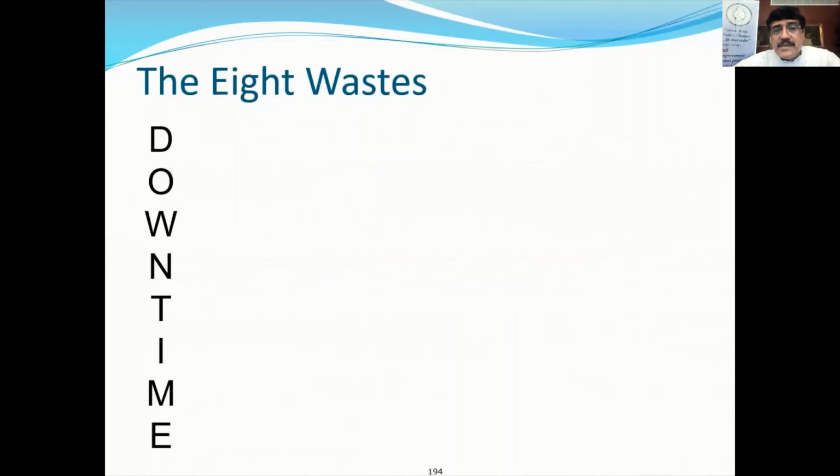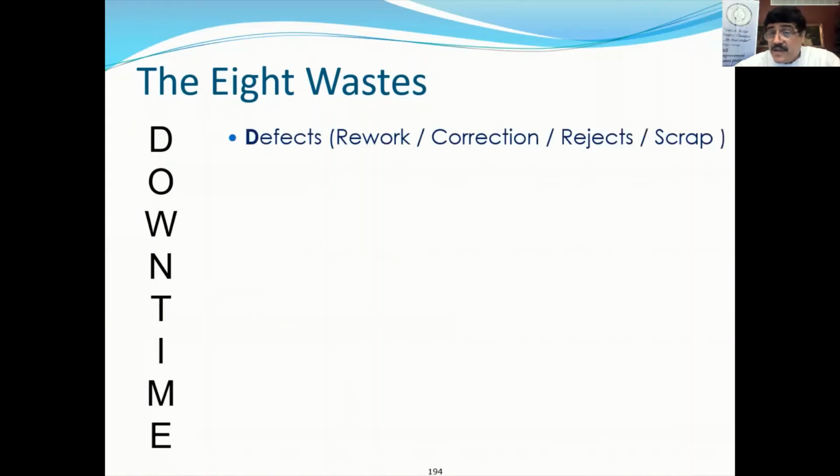So this is the 8 waste. Traditionally 7 waste, now 8 wastes, and they can be summarized as DOWNTIME. D stands for defects, which is rework, correction, rejects, scraps. So this is a waste anytime you see defects. O is for overproduction. You're producing more than what's needed. W is waiting, as we discussed.